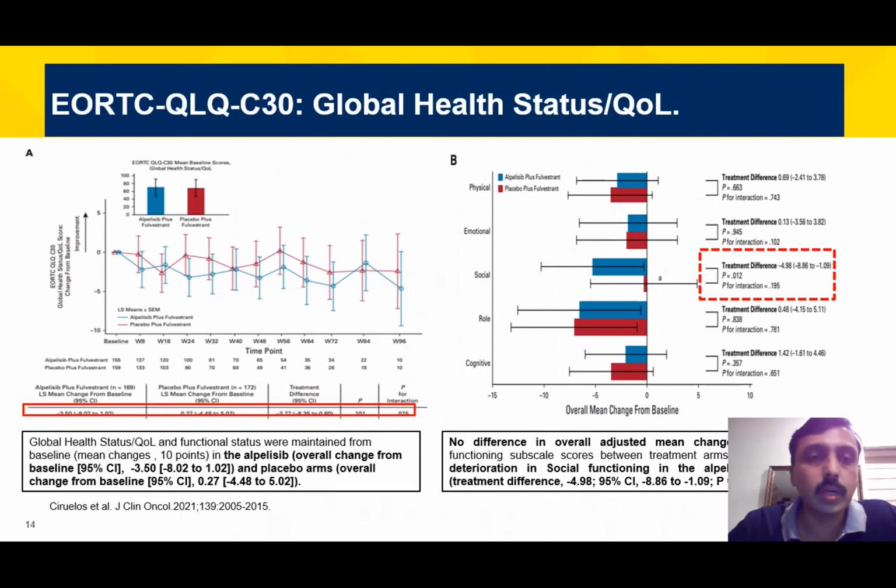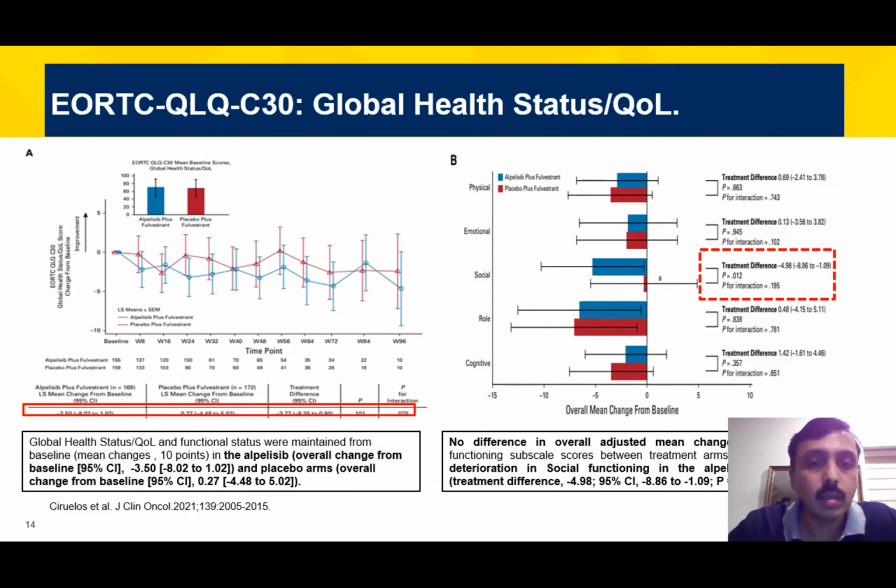So first, going to what happened to the EORTC QLQ-C30 in the global health status. Global health status and functional status were maintained from baseline in the alpelisib and placebo arms. So the main worry, whether the side effect profile is affecting quality of life, was not reflected in this, and a significant median change, a change of at least 10 points, was not seen in either arm.